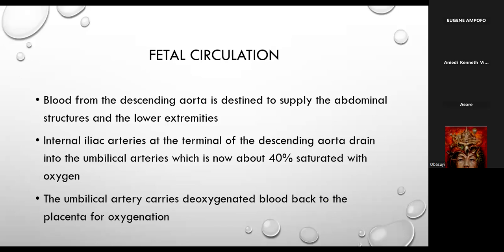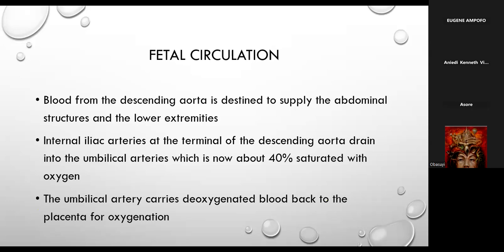So the blood that is found in the descending aorta is to supply the lower extremities and the abdomen, whereas the one that is more saturated, that is found in the left atrium, is meant to supply the heart, the brain, and the organs that need more oxygenation.